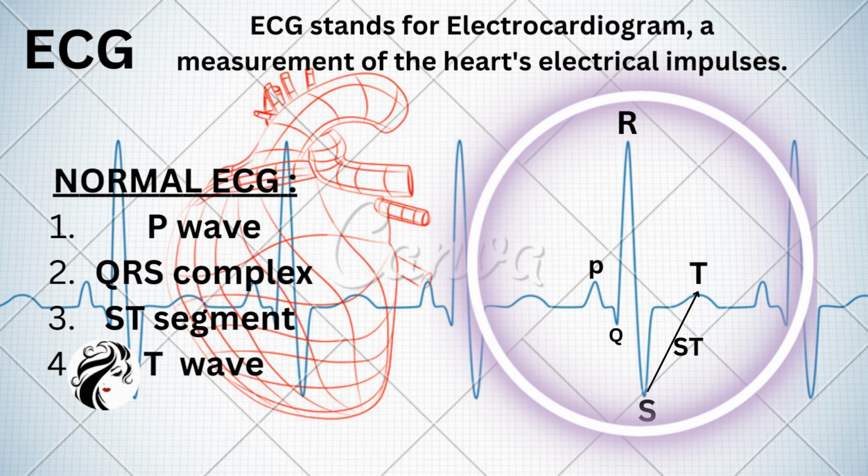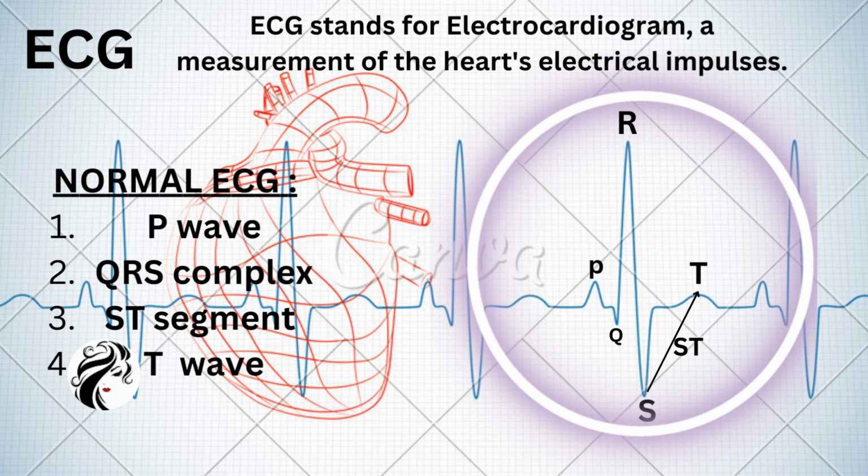When the atria are about to depolarize, it makes a wave which is known as the P wave. Then the signal moves forward, then the ventricle is contracted, and it makes a complex which is Q. Then the signal passes and it makes a peak which is R, the ventricular depolarization at its peak, then it goes downward which is S, and that makes the whole QRS complex.